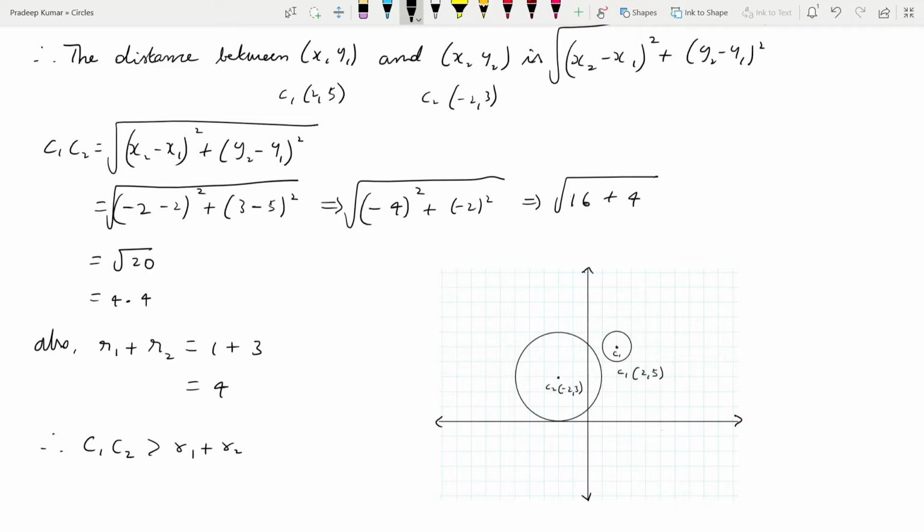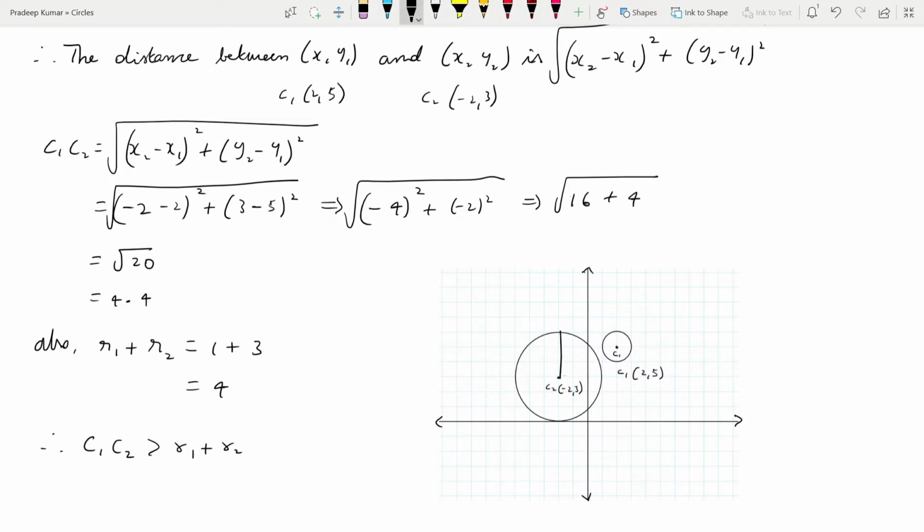If we observe the figure, this is the figure for both of the given circles. This is the first circle equation and this is the second circle equation, where we can also observe the points and the centers. The first center is 2, 5 and the second is minus 2, 3. The distance between center 1 and center 2 is bigger compared to the radii of both circles.